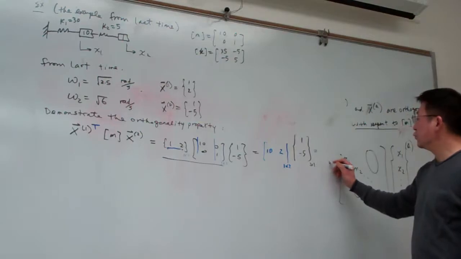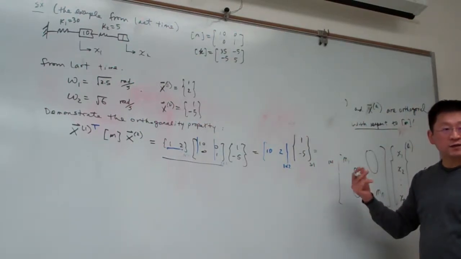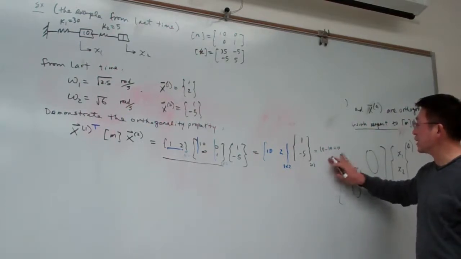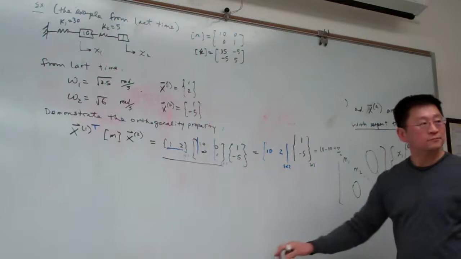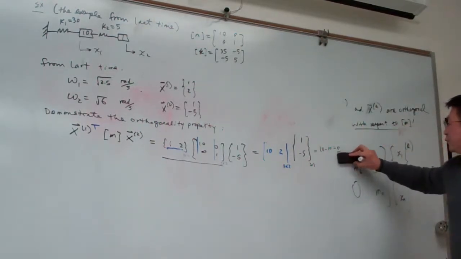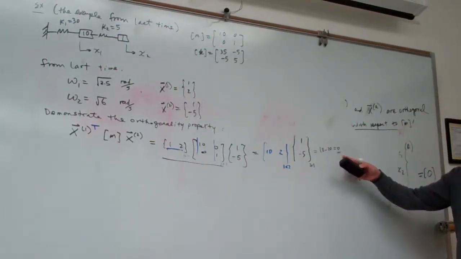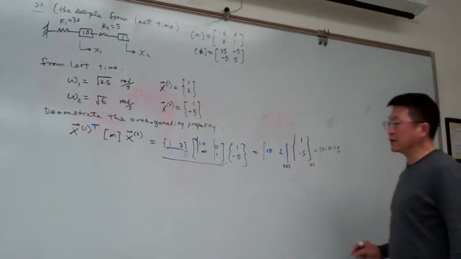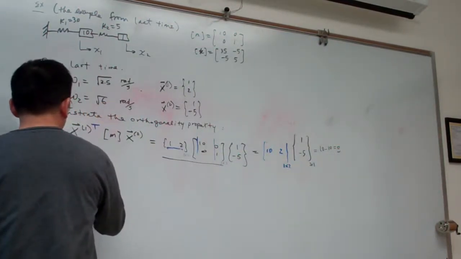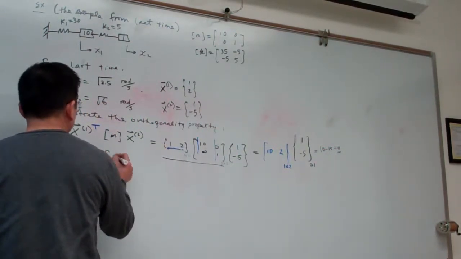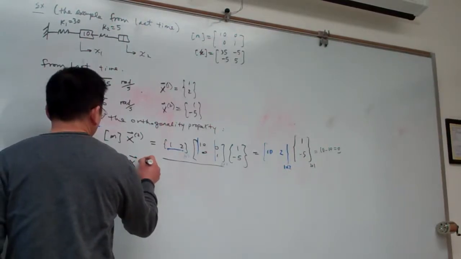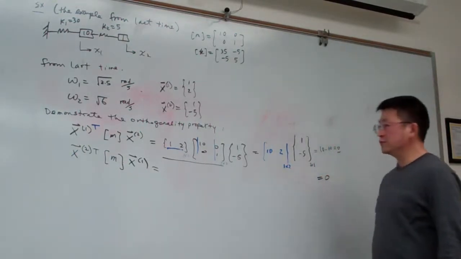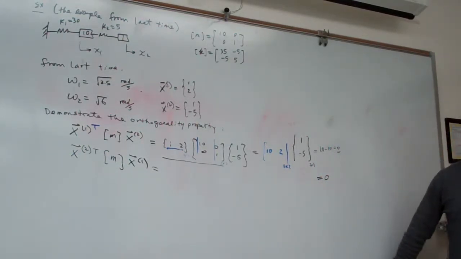So eventually we expect a 1 by 1 scalar, and this equals 10 minus 10, equal to 0. If your calculation is correct, this must be 0. If not, that means you made a mistake somewhere. In a similar way, x2 transpose M x1 will also equal 0. Give it a try.